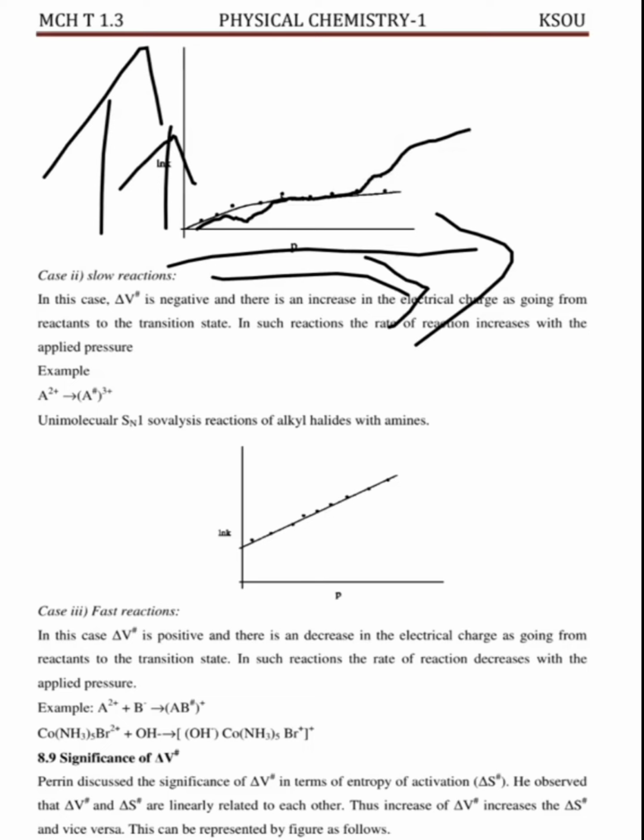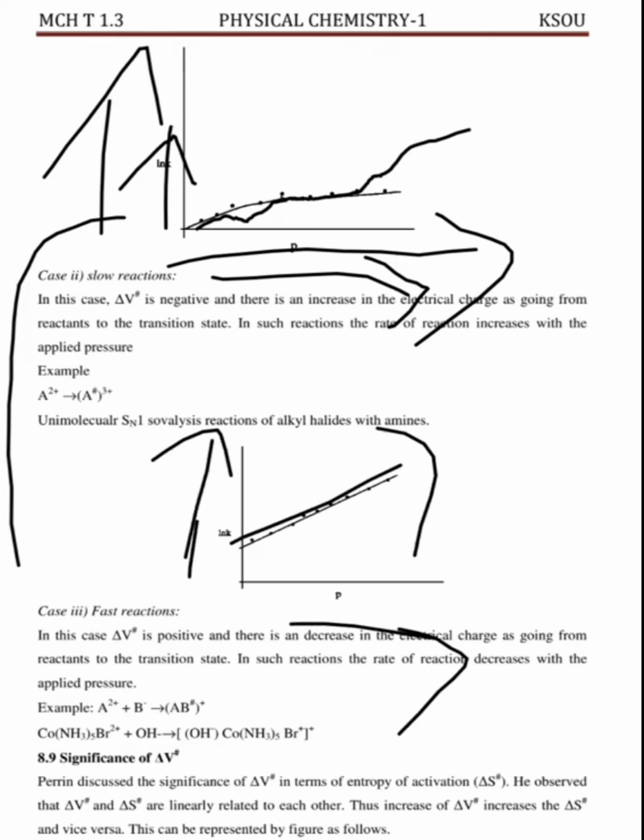Next, the slow reaction. As the pressure is increased, the rate of reaction also increases, where delta V double dagger is the volume of activation. This is with respect to the slow reaction.